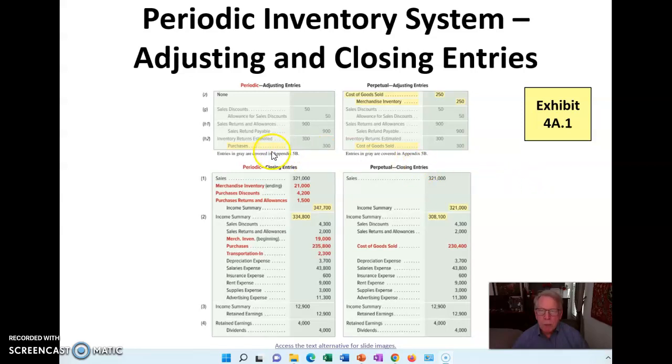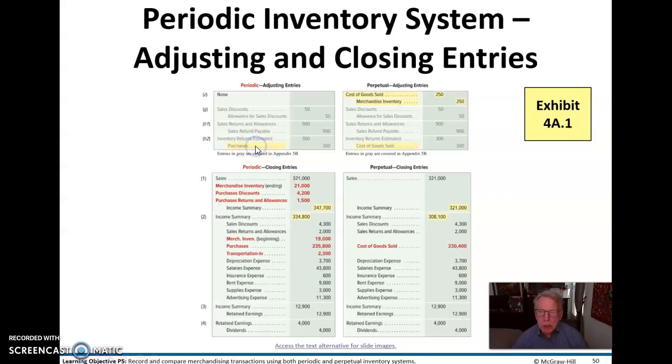Here, we show that there's no cost of goods sold impact. Here, the differences between purchases and cost of goods sold. And then our closing entries are quite a bit different under periodic. Here we have our merchandise inventory, purchase discounts, purchase returns and allowances, and our income summary amounts are different, as are the ones for the cost and expenses.